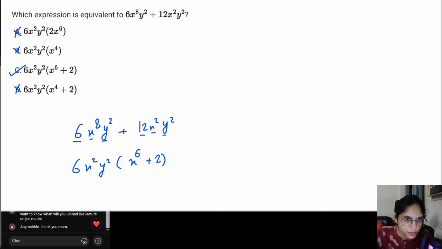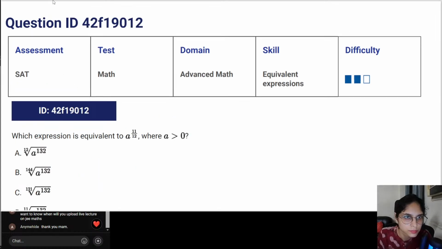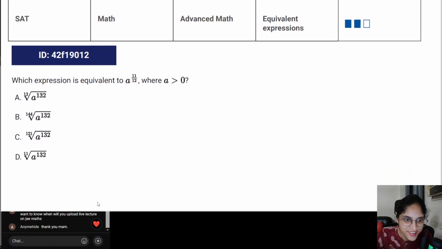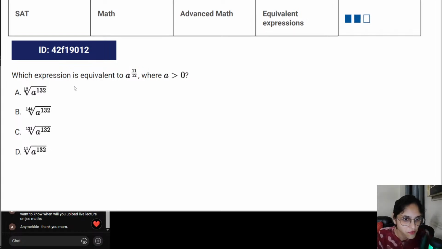Oh my God, there's still so many questions remaining. Next is 41. Again, the laws of exponents, a to the power m over n is.